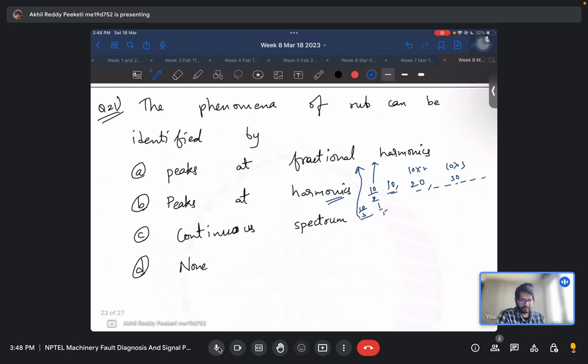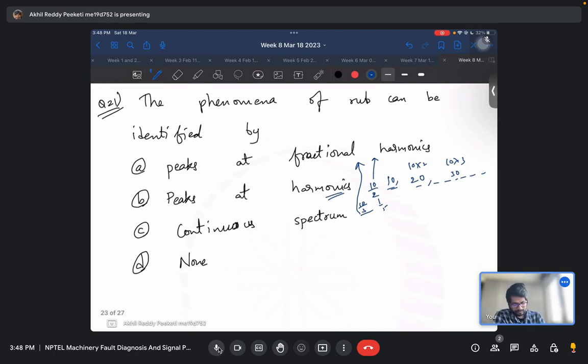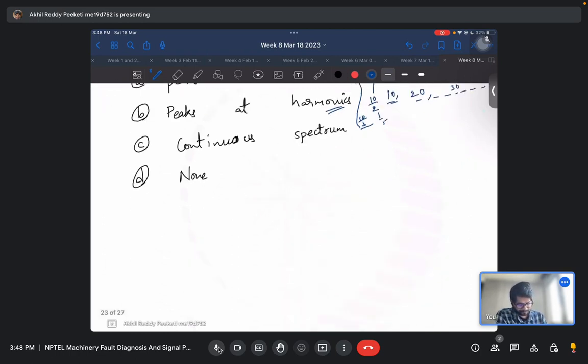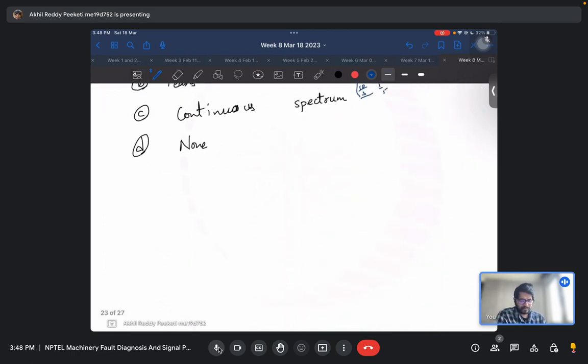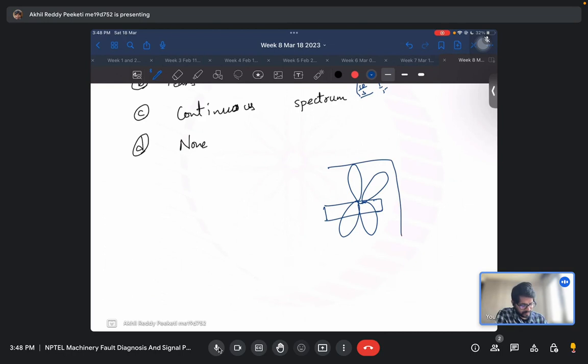Now how can you identify the rub? So rub basically means, let's say you have a shaft connected to a compressor with radial fans, like in a pump, and this is connected to a casing.